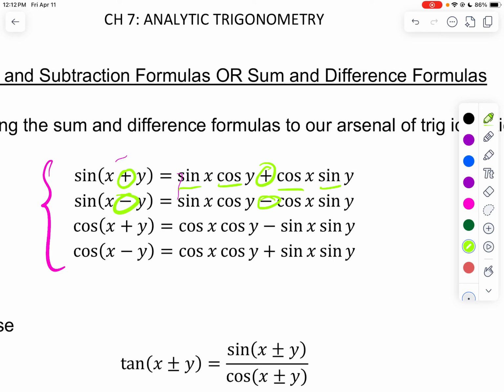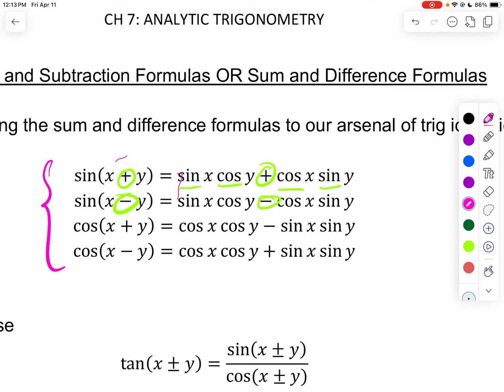In the cosine case, this is a little bit different. When we have cosine of x plus y, the cosine of the sum of two angles, then on the right we have the same functions being multiplied.